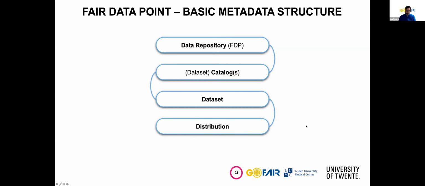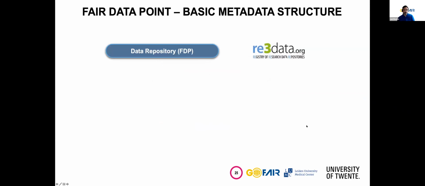And of course, we didn't define these ourselves. We didn't want to invent yet another metadata schema. So for the data repository, we based the specification of the FAIR Data Point data repository metadata layer on re3data, which is a registry for research data repositories.